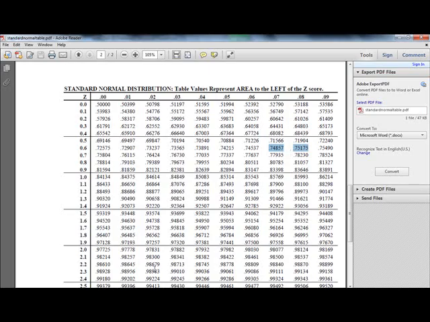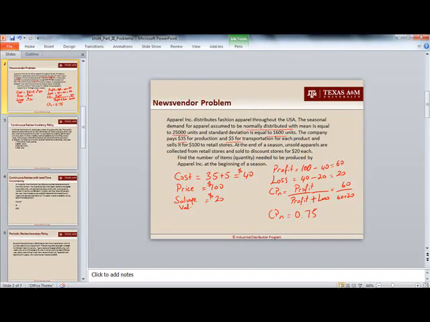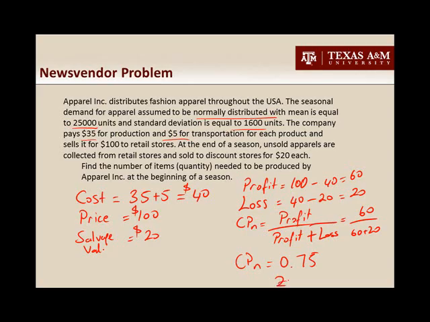So I go back to my table. The corresponding z-value is 0.68. So my Q is the mean plus z times sigma, which is 25,000 plus 0.68 times 1,600.